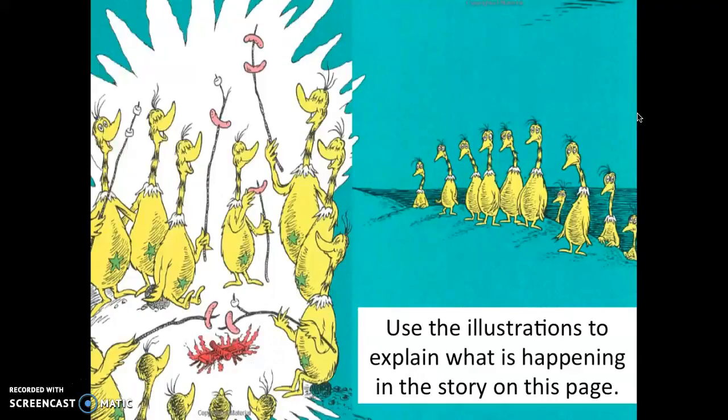But look on the right. The Sneetches that have no stars on their bellies, again, look very, very sad, and it looks like they feel lonely and left out. Is that what you thought too, friends? Let's go on and continue to look at the next page.